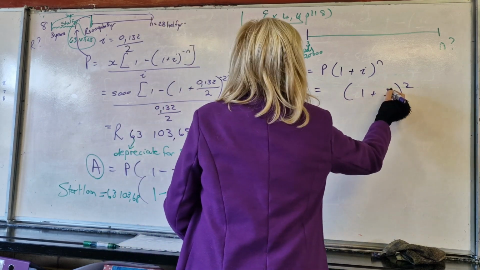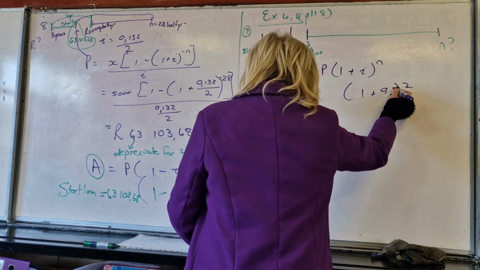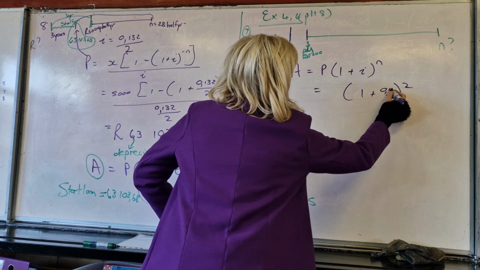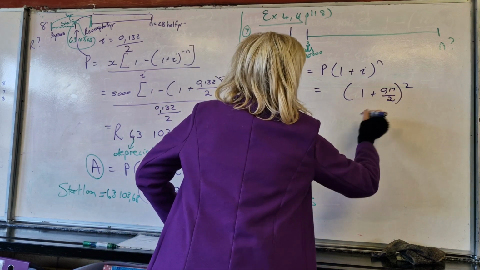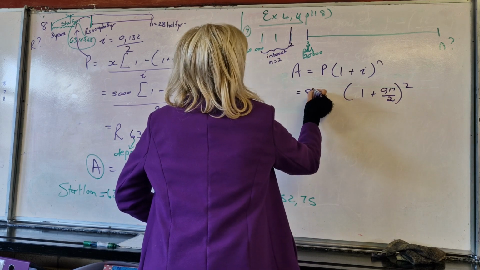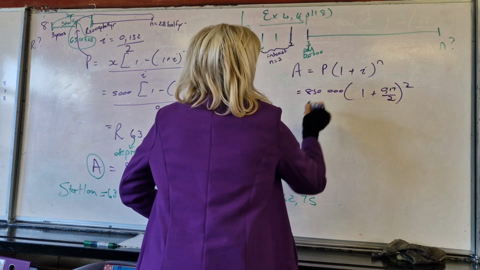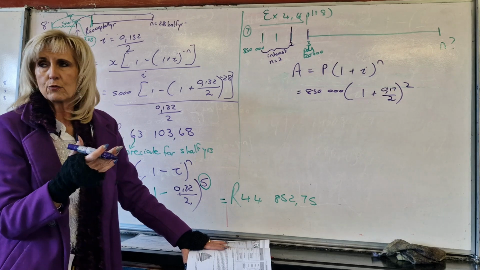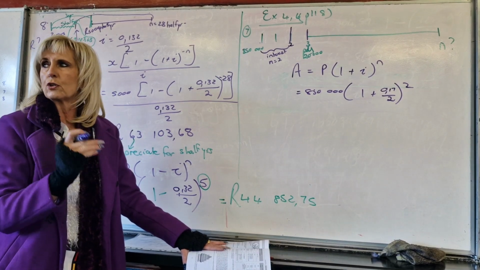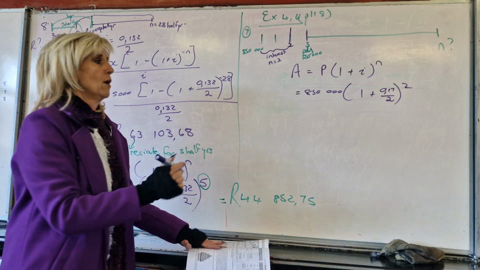So 1 plus, what was the interest rate, sorry? 17%. And it's monthly, right? Okay, monthly. And this was then 850,000. Can you imagine lots of kids didn't work this out and they just started with the 850,000? You'd not get all of your marks. Answer please.